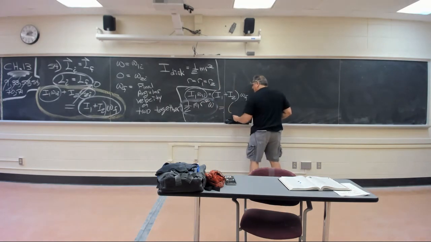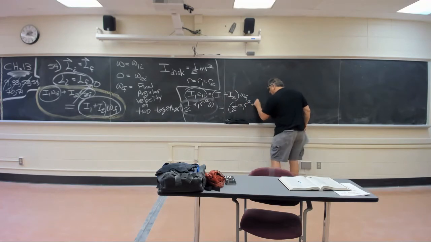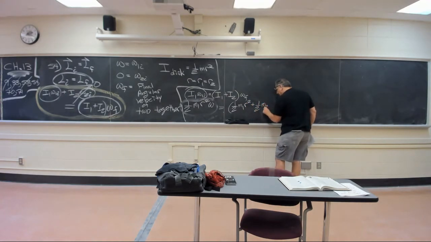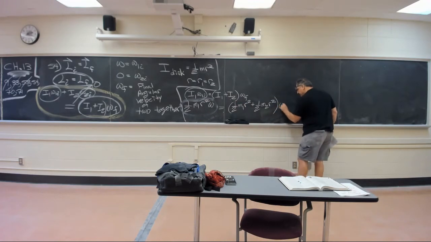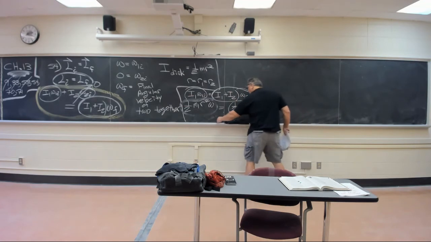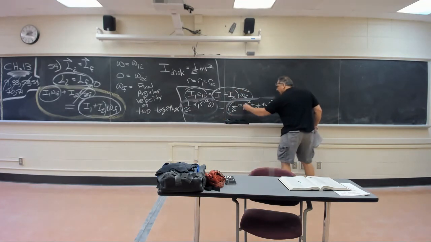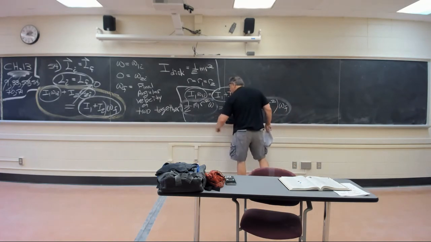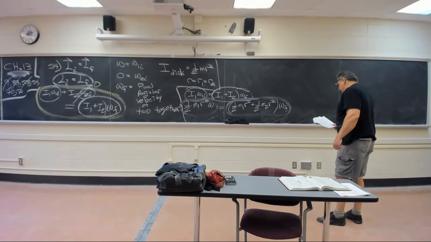And this right here is 1/2 M1 R squared plus 1/2 M2 R squared for the other guy. So all this is going to be that. So you got that. Okay, great.